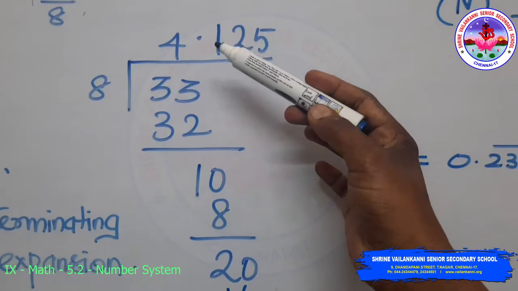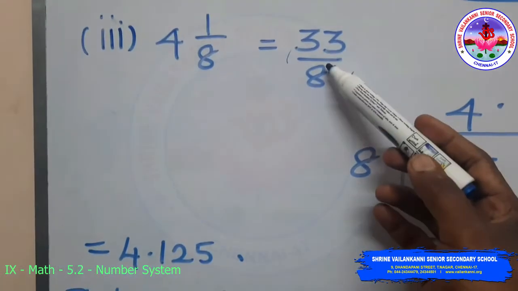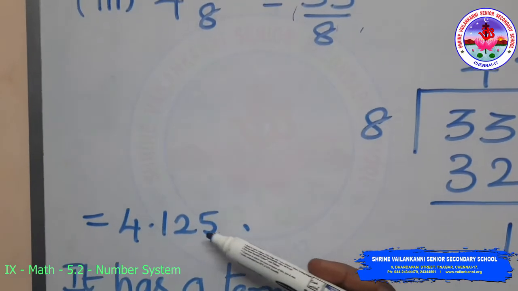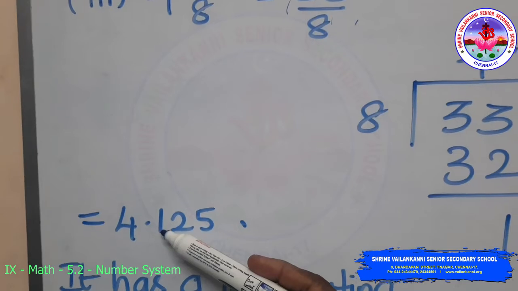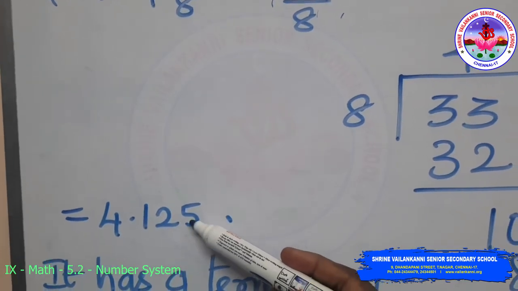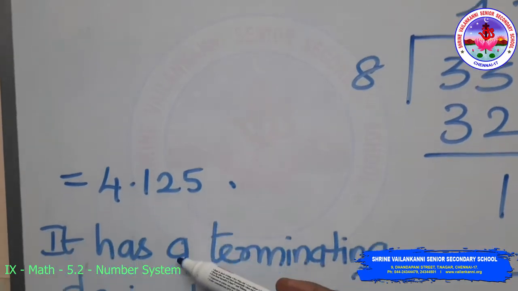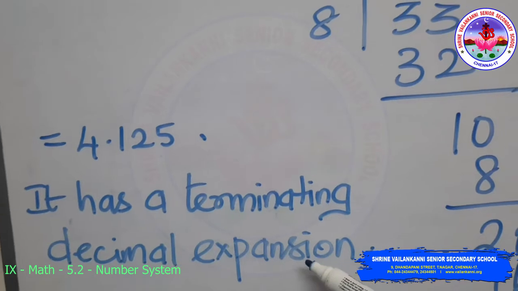So I can say that the decimal expansion of 33 by 8 will be 4.125. That is, after the decimal point, the digits end, getting a remainder 0. So it has a terminating decimal expansion.